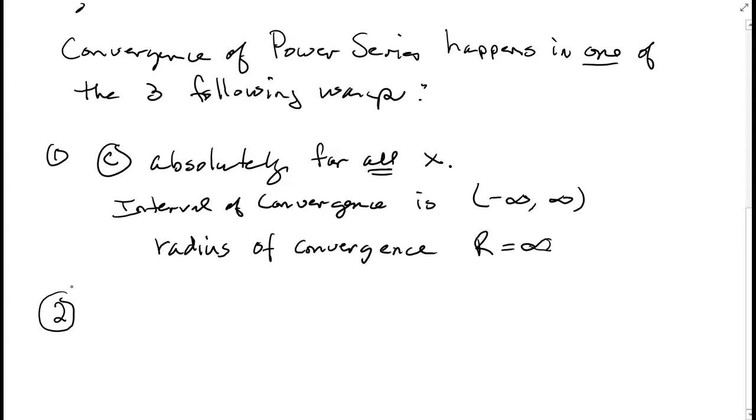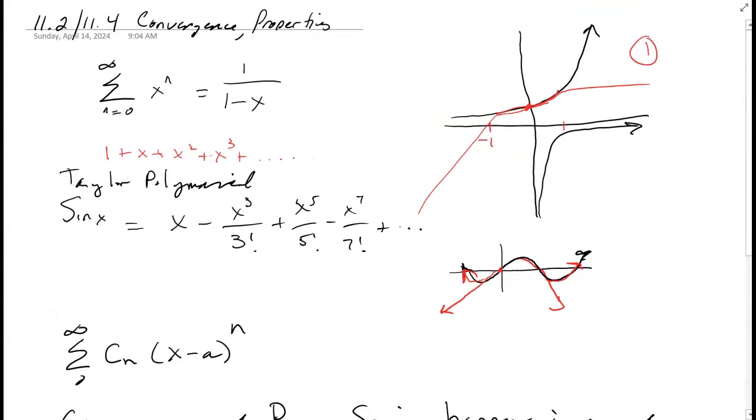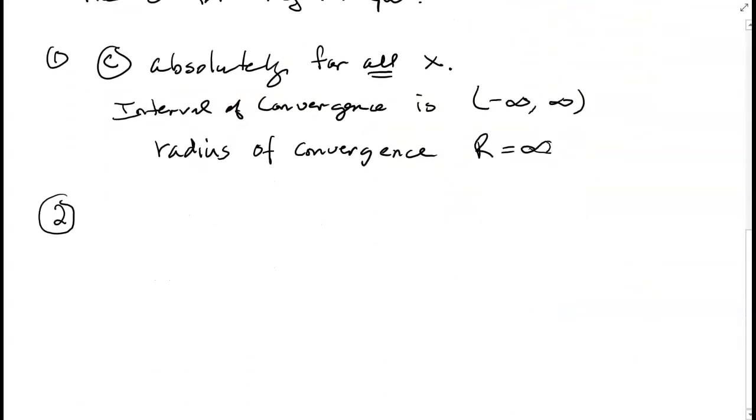So now, again, number 1, it can converge everywhere, just like the Taylor polynomial for a sine curve. Number 2, I want you to go back and think of this example when we write out number 2.